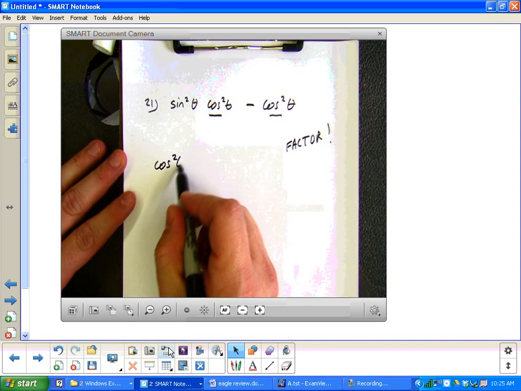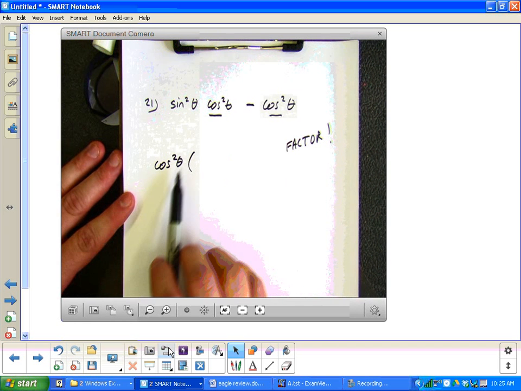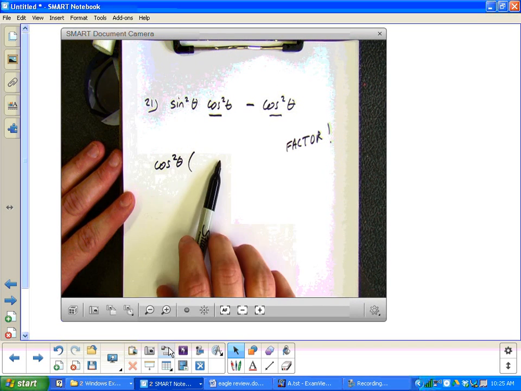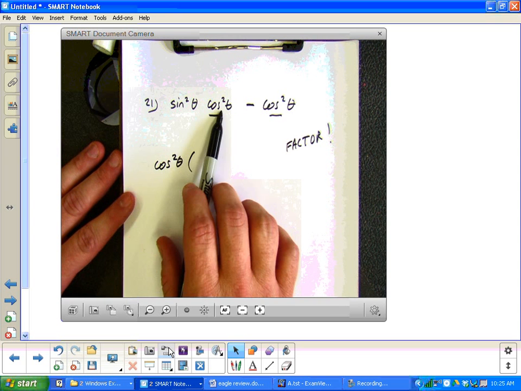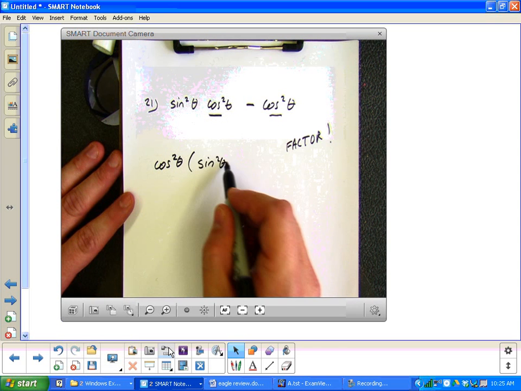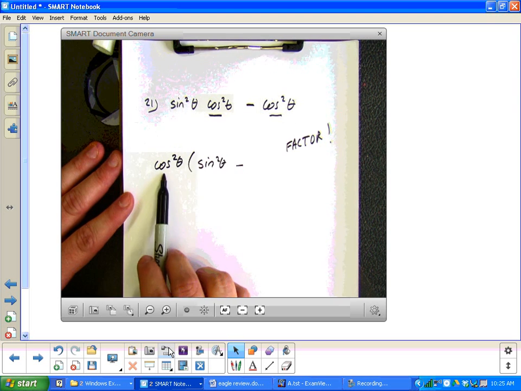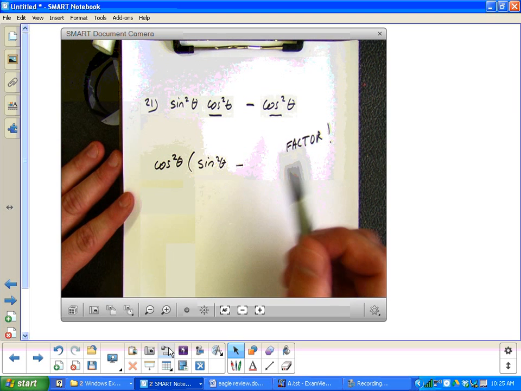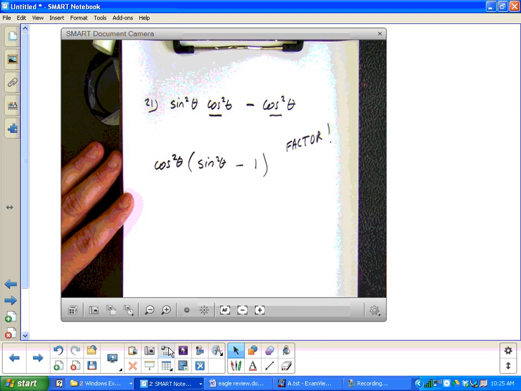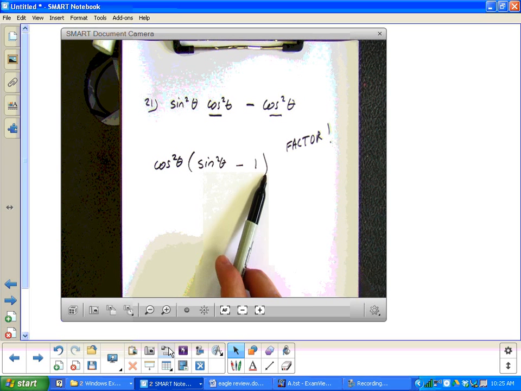If I factor out a cosine squared, cosine squared times what would give me this back? Times sine squared. Now minus, cosine squared times what? 1. Now you see your Pythagorean identity there: sine squared minus 1.